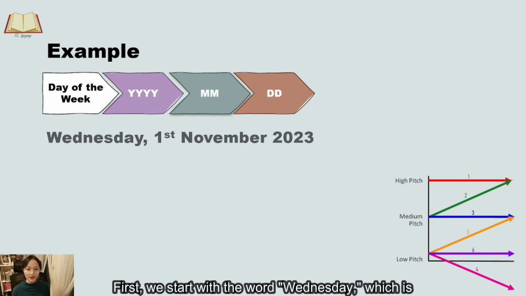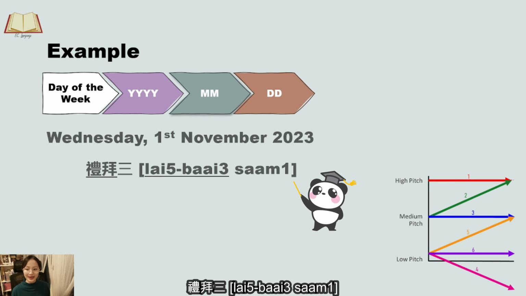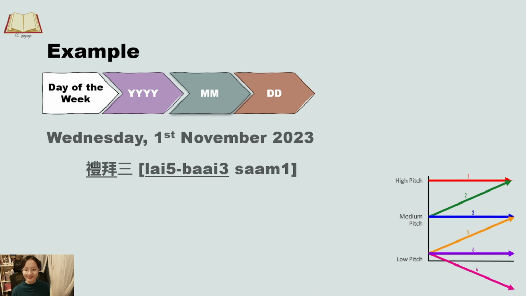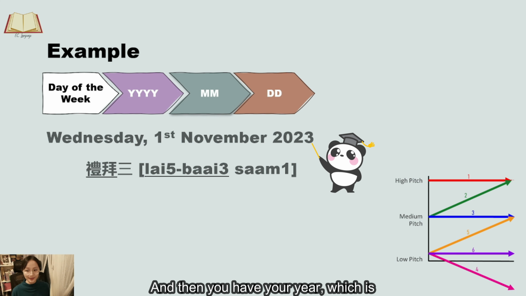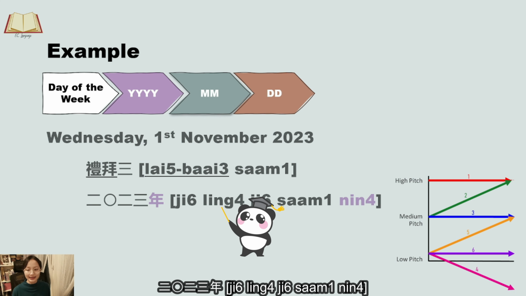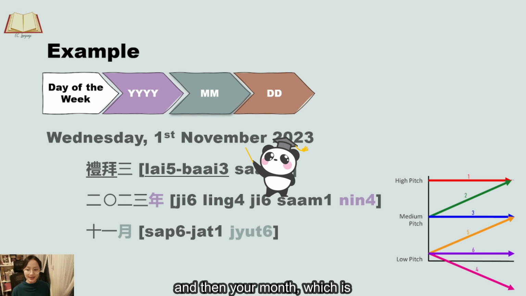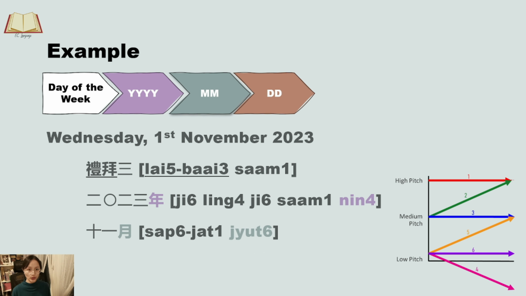First we start with the word Wednesday, which is 禮拜三. Again, you can say 星期三, that's also perfectly fine. And then you have your year, which is 2023年, 2023 year. And then your month, which is 11月, the 11th month.